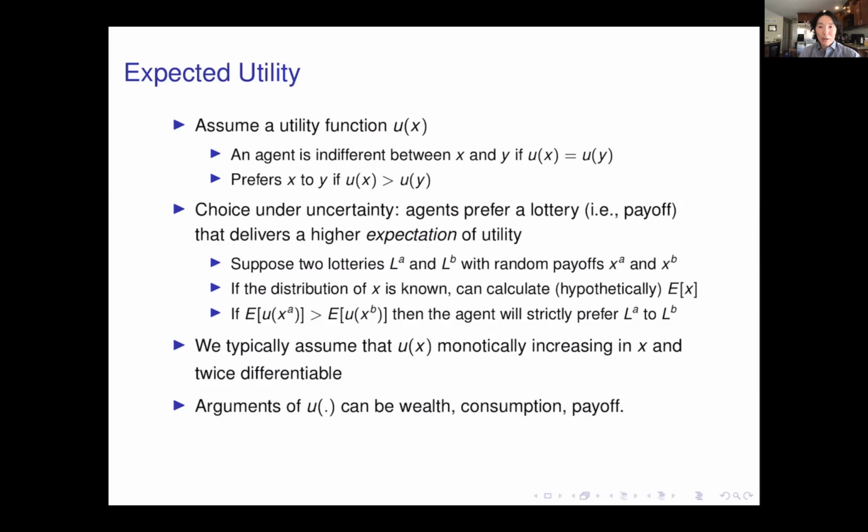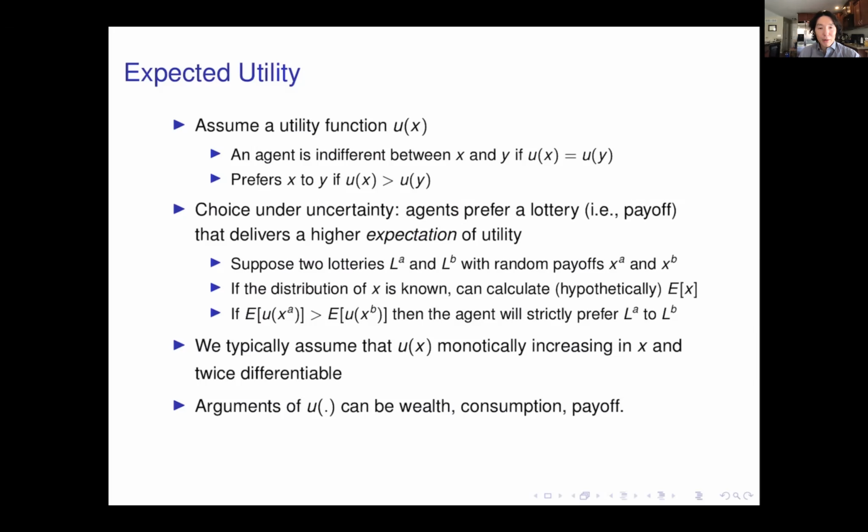And when u(x) is greater than u(y), utility of x is greater than utility of y, we say the agent prefers x to y. 즉 utility가 agent의 preference를 매저하는 함수입니다.